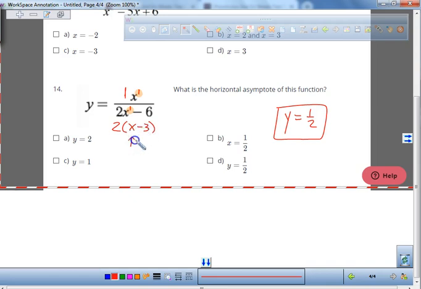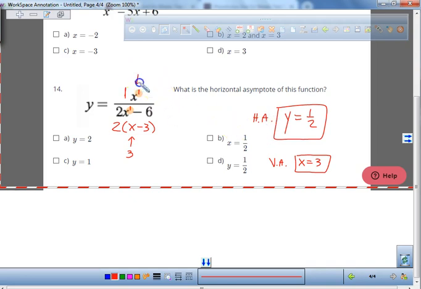What number could you plug in there to make that equal to 0? Positive 3. So what does that mean? That means we have a vertical asymptote at x equals 3. Y equals 1/2 was our horizontal asymptote.